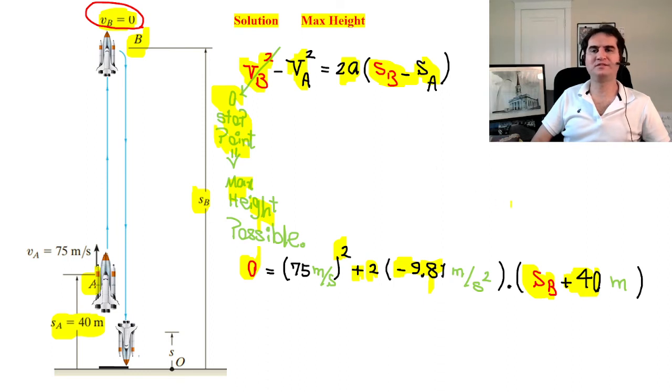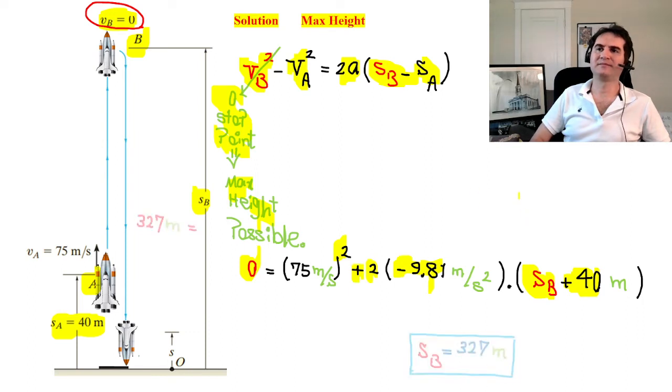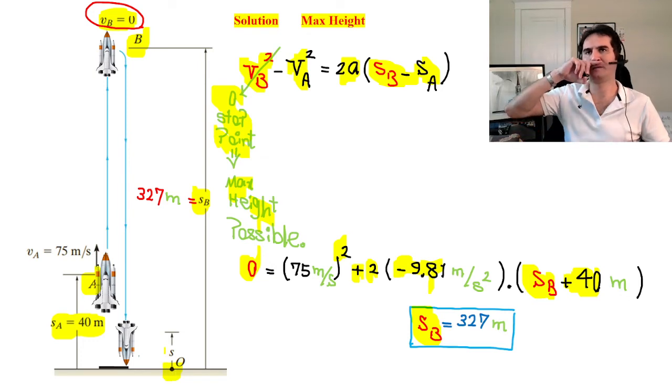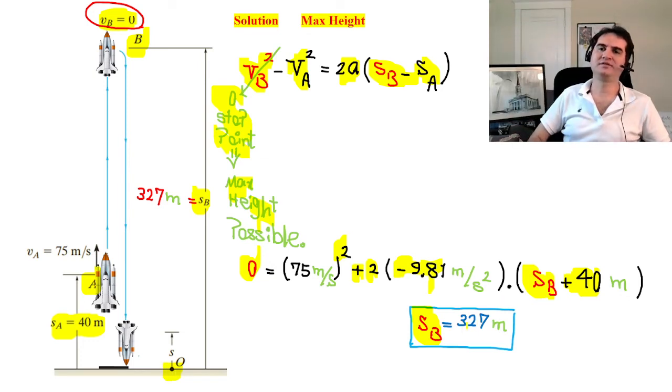So that gives you a displacement of s_B from the origin, which is here, of about 327 meters.